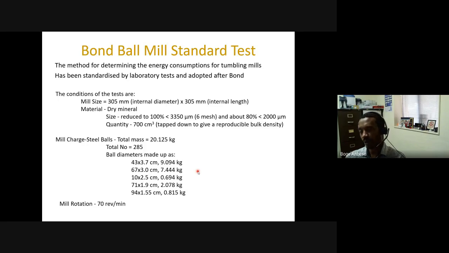That can be a problem, because normally when people ask you to run and calculate the bond work index, they will expect you to follow that rule very strictly. We can measure the mill rotation using a tachometer, and that can be done very easily. And your second question was, I forgot your second question now.